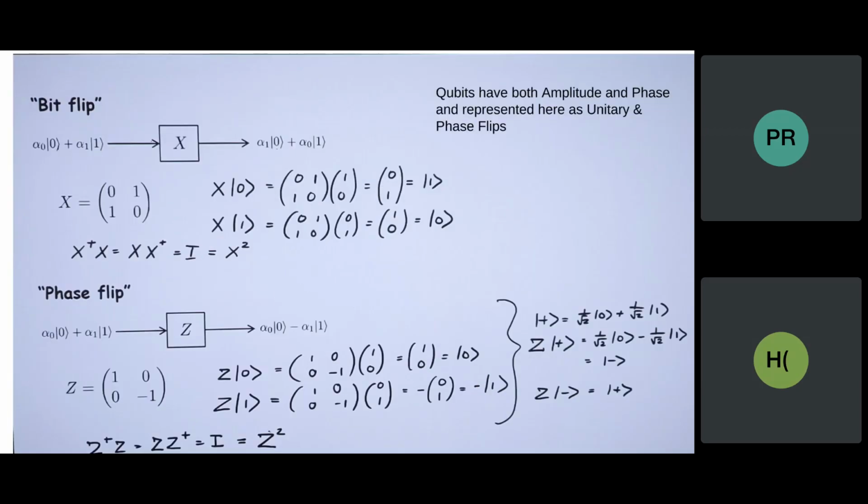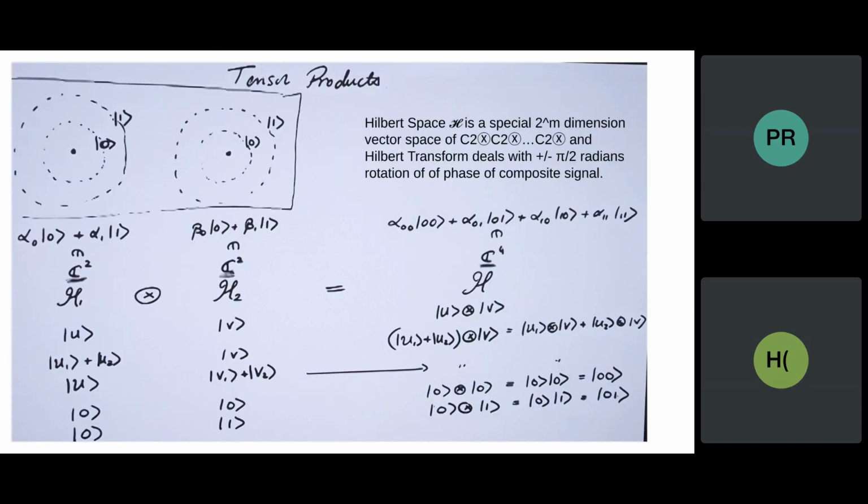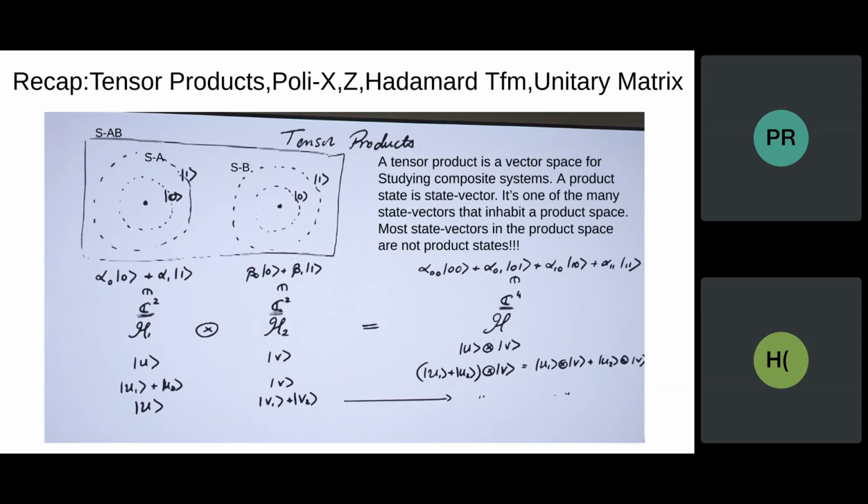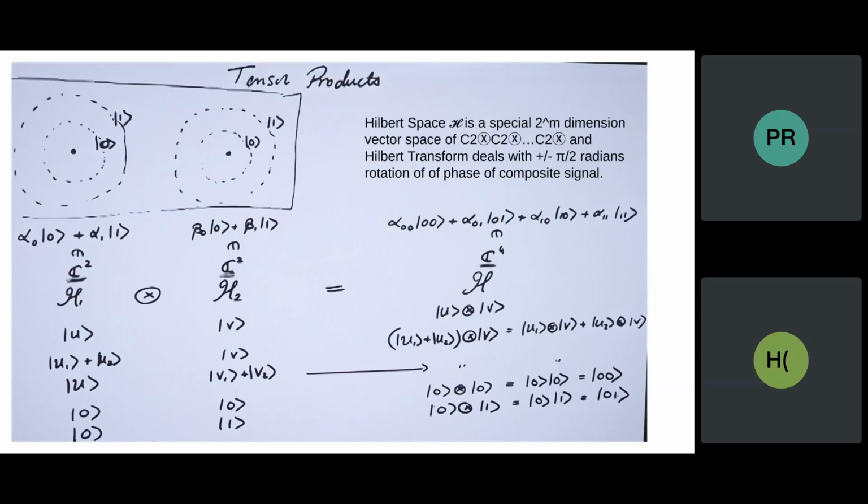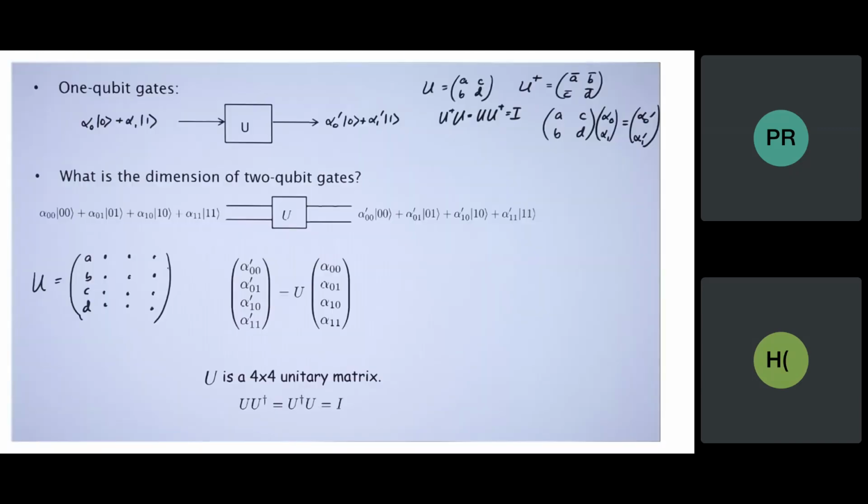So we have seen the Hadamard transform, bit flip, phase flip, and tensor products. So we are left with the unitary matrix. So we must look at the qubit first. If you have a qubit, you have a transformation applied.